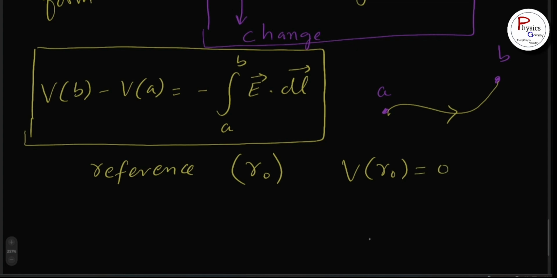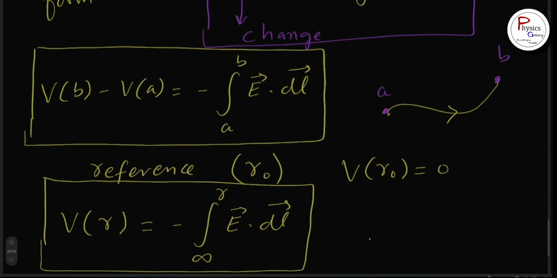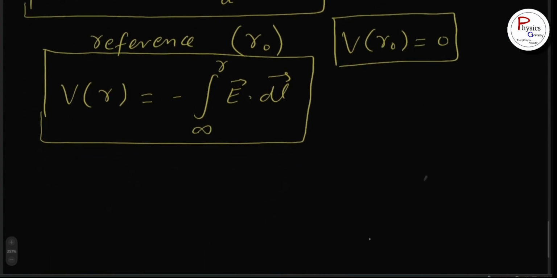In that case, the potential at any point r can be written as the negative of the integral from infinity to r of E dot dl. So we can get the potential at any point in our space by choosing the appropriate reference point. We always have to choose an appropriate reference point, and by appropriate I mean that it changes.